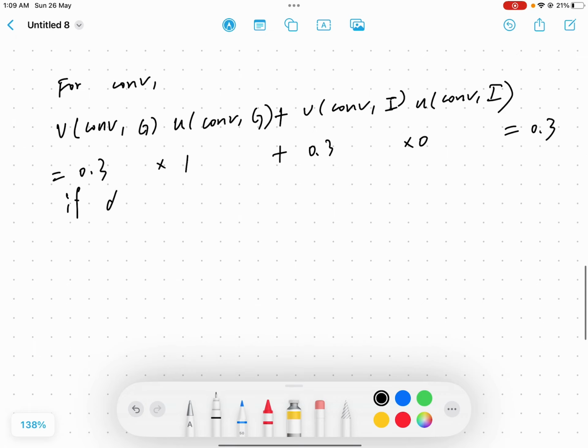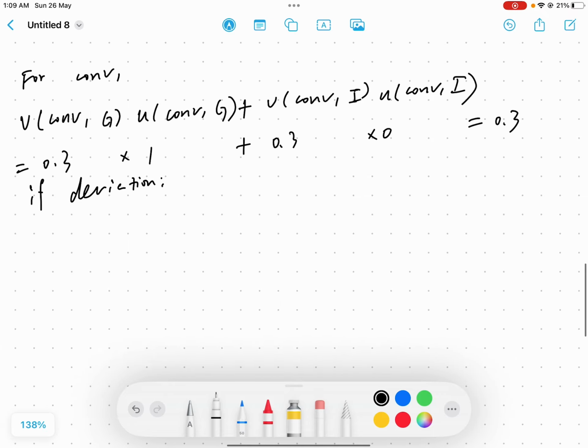But if deviation, then the V's are the same. Remember, with deviation, the outcomes are the same, but the utilities are different because of the deviation.